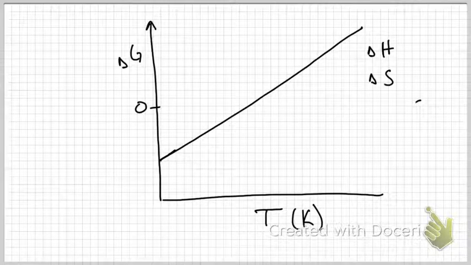What is the sign of delta S for this reaction? Talk to your neighbor and see if you can figure that out. Picture that you have this graph right here. If I'm describing a reaction and I check Gibbs free energy at multiple temperatures and I find this, what do you know about the signs of delta H and delta S? And it's going to be useful to use this equation.